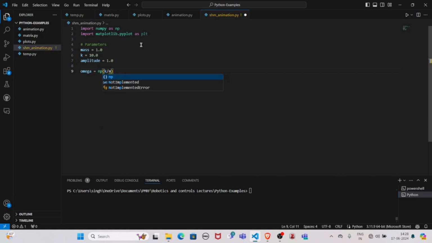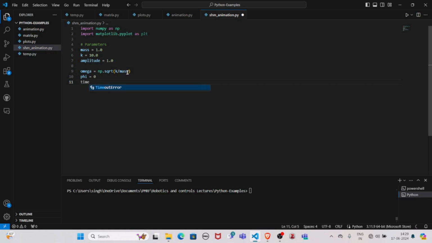The way we use the square root function, we can take help of this sqrt function from numpy. So this gives us the square root of the argument, and this is, I think, mass. So k by mass is omega, angular frequency. Then phi is the phase angle. So let's keep it 0 for now. We can change it later when we are analyzing the animation.